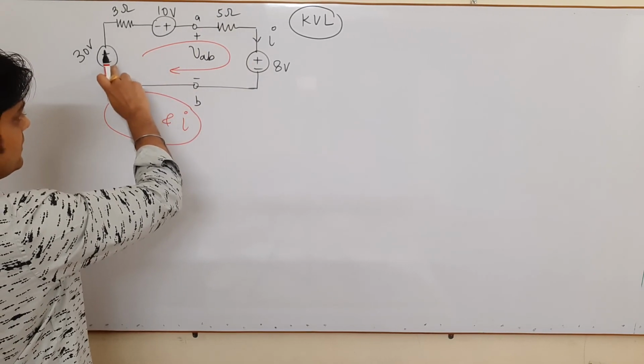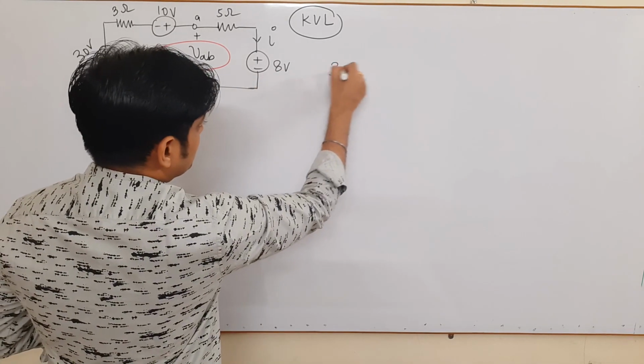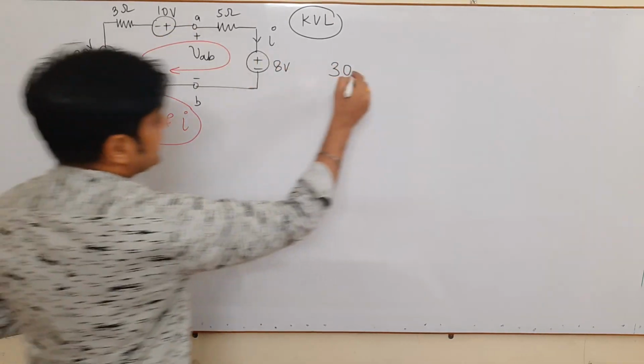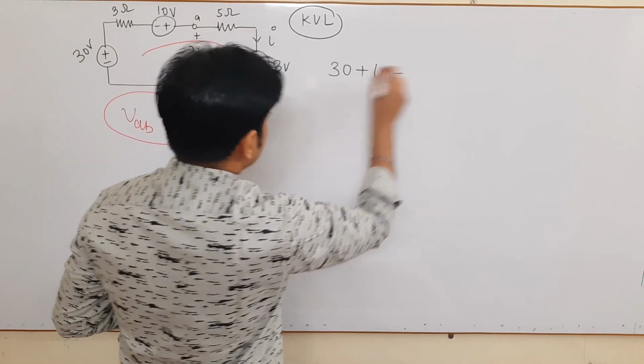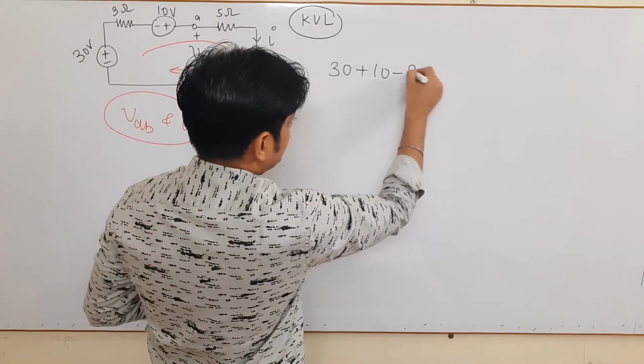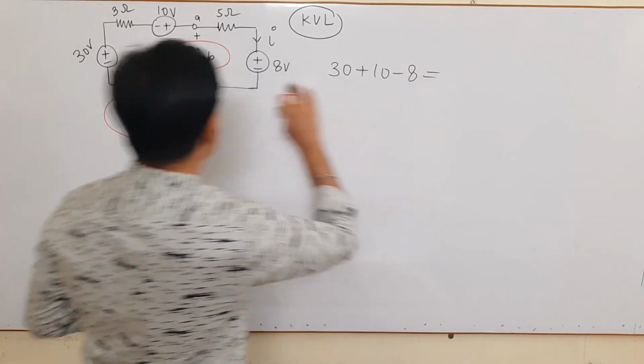When we start from here, minus to plus, it is 30, that is plus, again minus to plus, it is 10, and when we come here, it is plus to minus, a drop in voltage, so that comes to be minus 8.